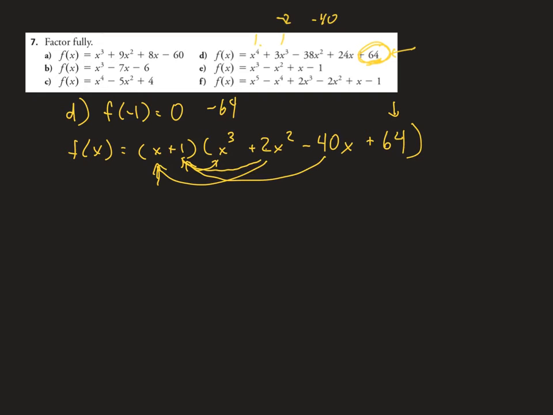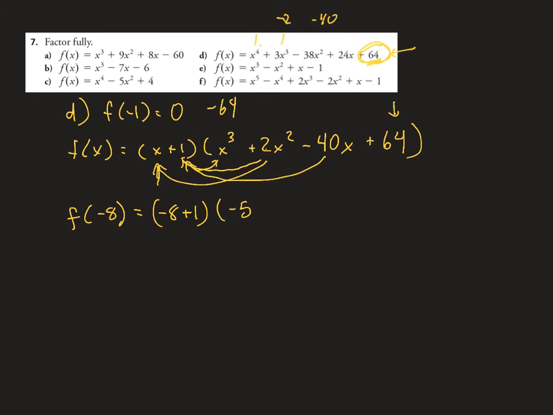So f of negative 8 equals... Let's go negative 8 plus 1 times negative 8 cubed. So negative 8 times negative 8 is 64 times negative 8. 64 times 10 is 640 minus 128, so 512.